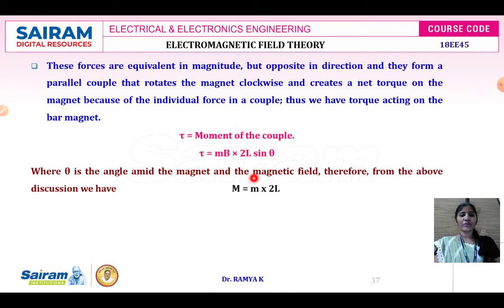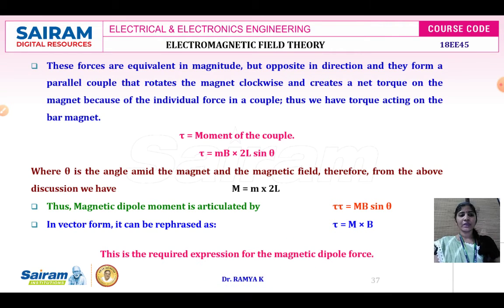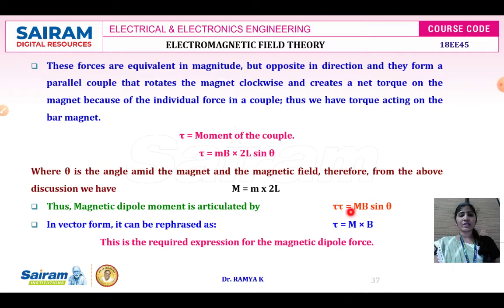From this, we can write the magnetic dipole moment M is equal to m into 2L. The torque is equal to MB sin theta, and it can be rewritten in vector form as tau is equal to M cross product with B. And this is the required expression for the torque on a magnetic dipole.